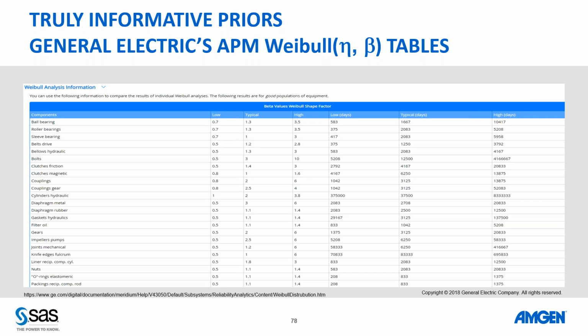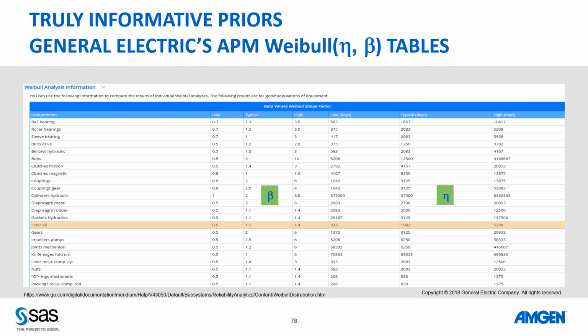So for example, if you're dealing with a locomotive oil and you want to check the filter oil, the beta parameter for your Weibull distribution has a typical value of 1.1 and is anywhere between 0.5 and 1.4. Your characteristic life, which is the eta parameter in the Weibull, is about 1042, can be as low as 883, and it can be as high as 5208.